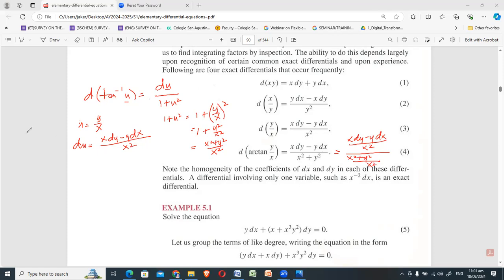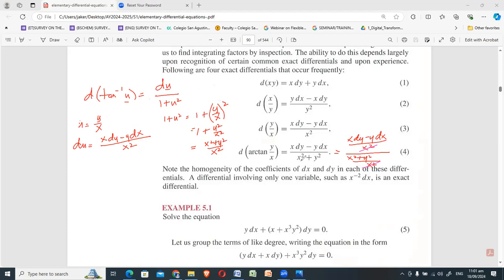You notice that your denominators will cancel each other, giving you the formula that you have here, which is x dy minus y dx over x squared plus y squared.